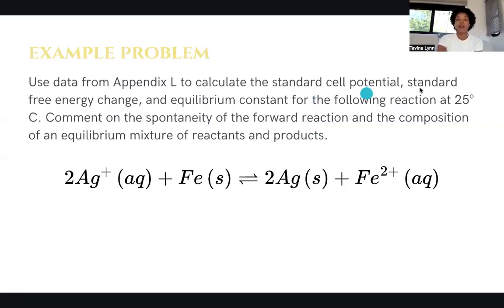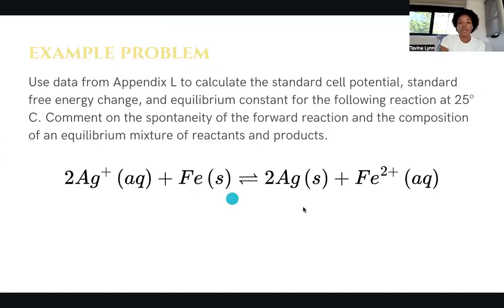So we're going to calculate all three of these properties that we talked about. And then we're going to comment on the spontaneity of the forward reaction, i.e., is it spontaneous or non-spontaneous? And we're going to comment on the composition of the equilibrium mixture of reactants and products. So as we move to equilibrium, does the equilibrium mixture consist of more reactants, more products, or equally?